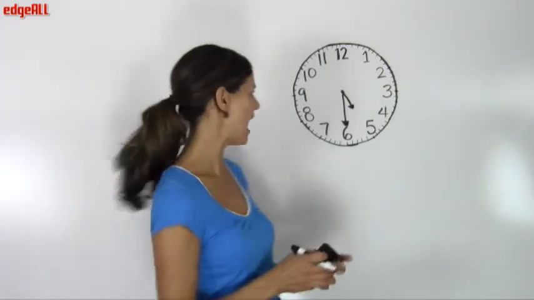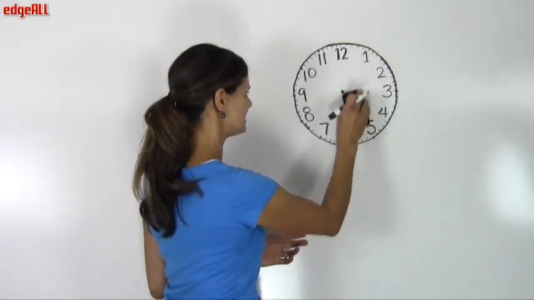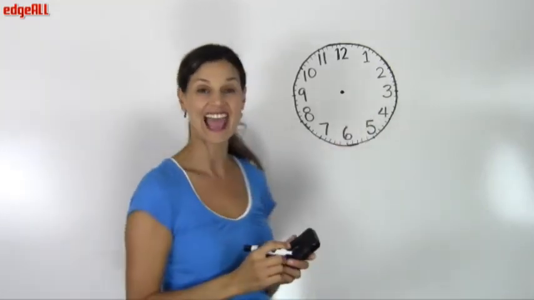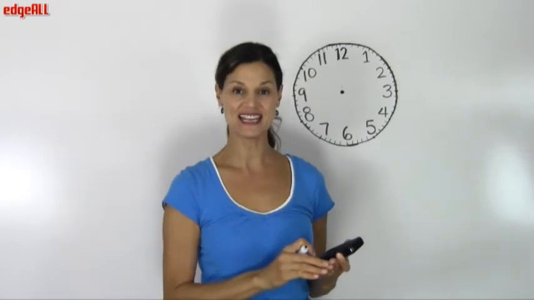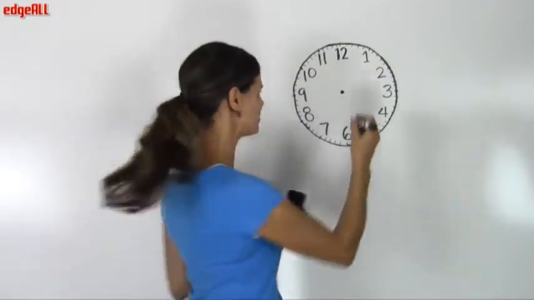Now let's look at 59 minutes past the hour. So if we were looking at a time of, say for example, 3:59, at 59 minutes past the hour, the minute hand will point to the space just before the 12.